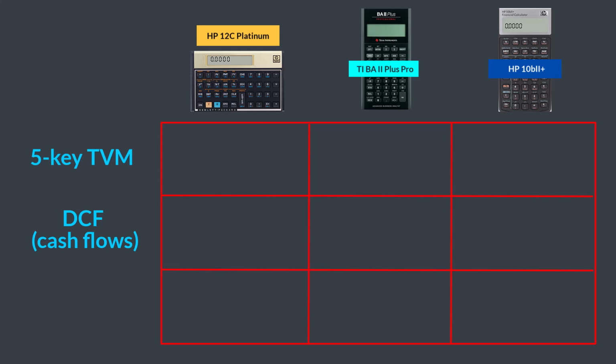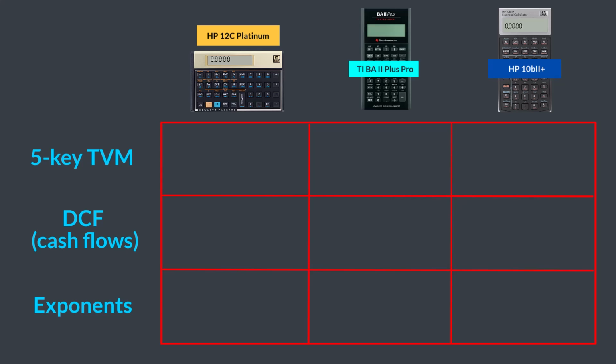Next, discounted cash flow or DCF calculations in which you will work out a net present value or internal rate of return. Finally, calculations involving exponents for when an equation is faster and more convenient than using the TVM or DCF keys.